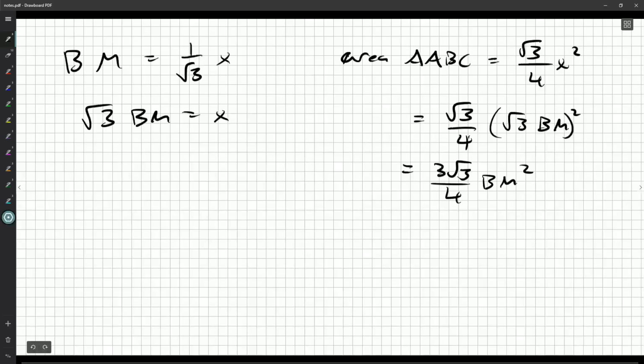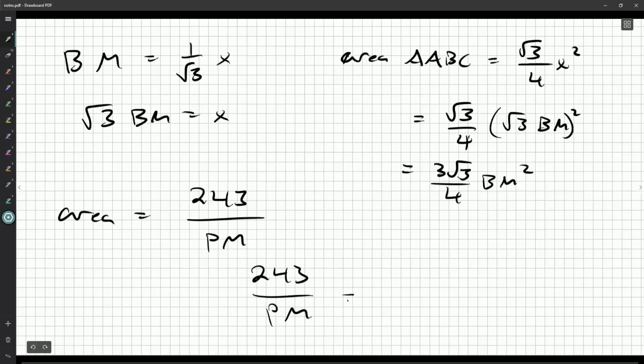But we also know the area is 243 over PM, that height. So 243 over PM is 3 root 3 over 4 BM squared.